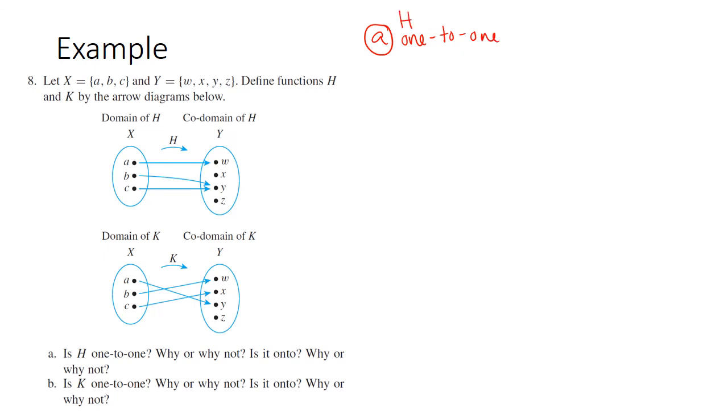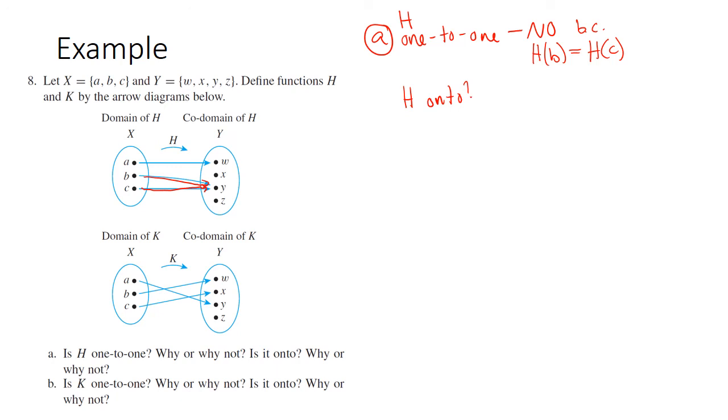Let's see, it is not. The reason it's not is because these two arrows right here go to the same point. So it's no, and it's because h of B equals h of C. But B and C are different elements, so that's not supposed to happen. Okay, is h onto?